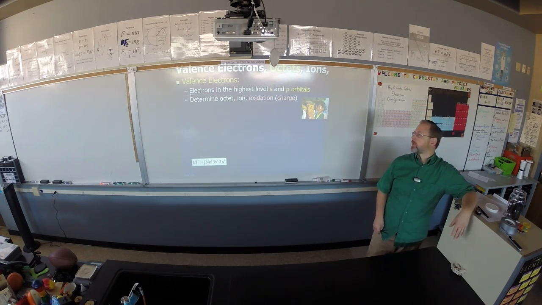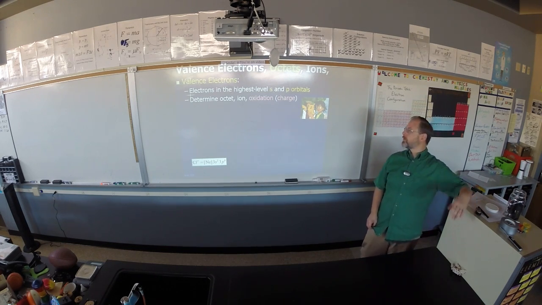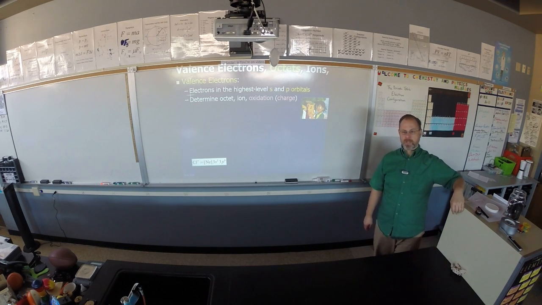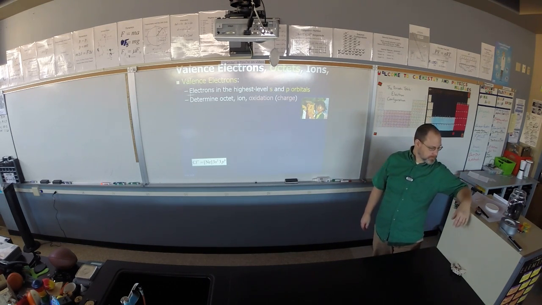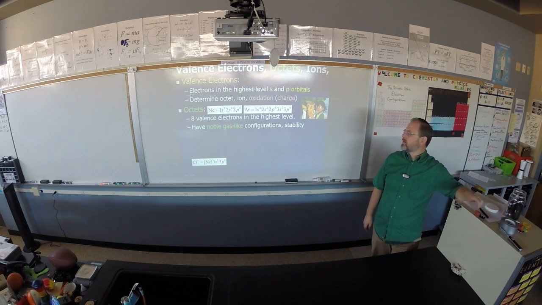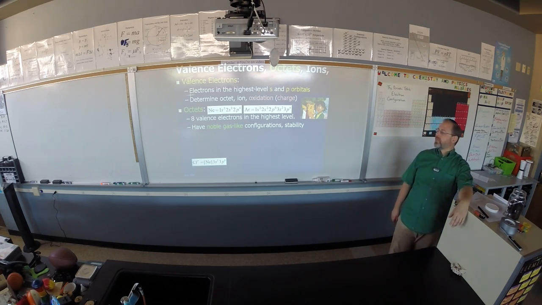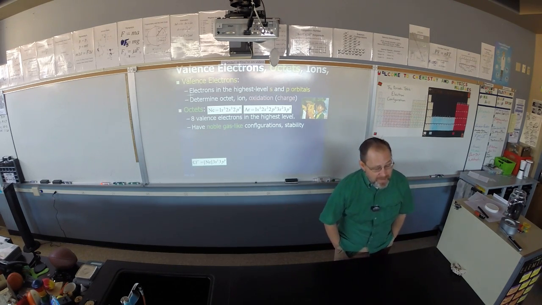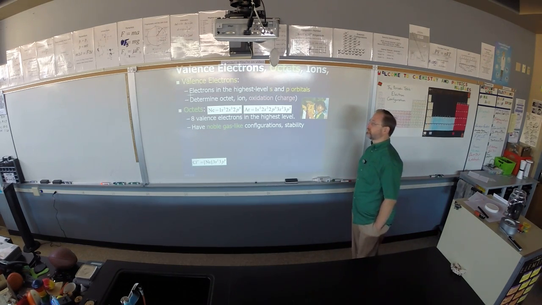Those are the valence electrons. The valence electrons are the ones that do all the action. They do all the bonding. And an octet is 8 electrons in the highest energy level, or 8 valence electrons. When you have 8 valence electrons, you have an octet.